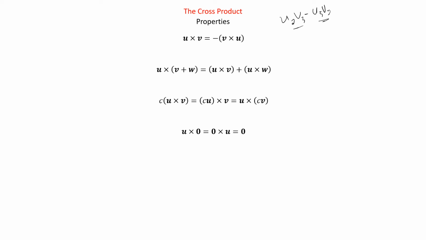So crossing it with the 0 vector does give us 0, and it doesn't matter which order we do that in. If we cross it with itself, it's going to be 0, because if we do that, we'd have u2 times u3 minus u3 times u2. That's going to be 0.